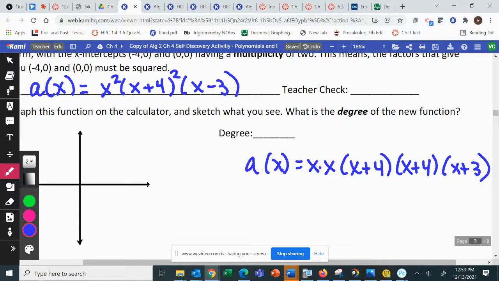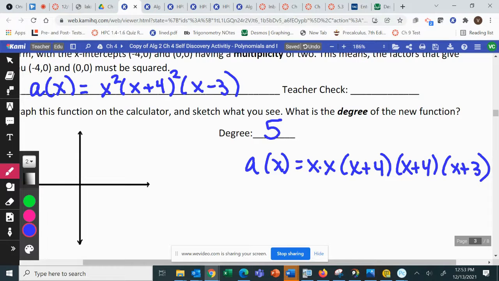So I can multiply all this stuff out, or you might have an idea of what the degree is without multiplying it out. Just curious. Does anybody know what the degree is without multiplying it out? The degree is 5. Is that you, Derek? The degree is 5. Did anybody else think maybe it was 5? Okay.